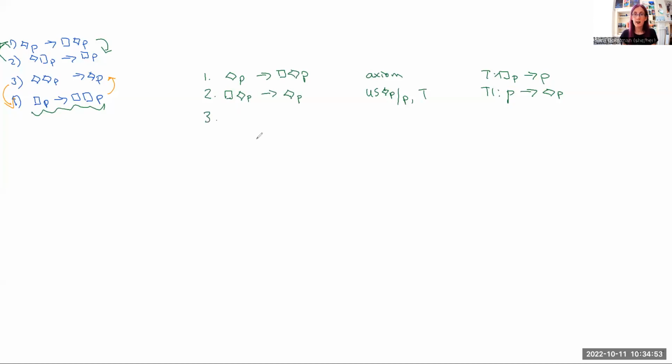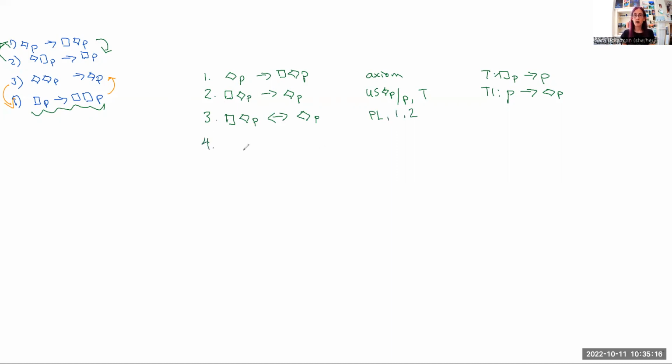Propositional logic then says, look, you've got an inference from A to B and an inference from B to A. So we can put these together and have an equivalence between necessarily possibly P and possibly P. So, propositional logic, stitching 1 and 2 together.